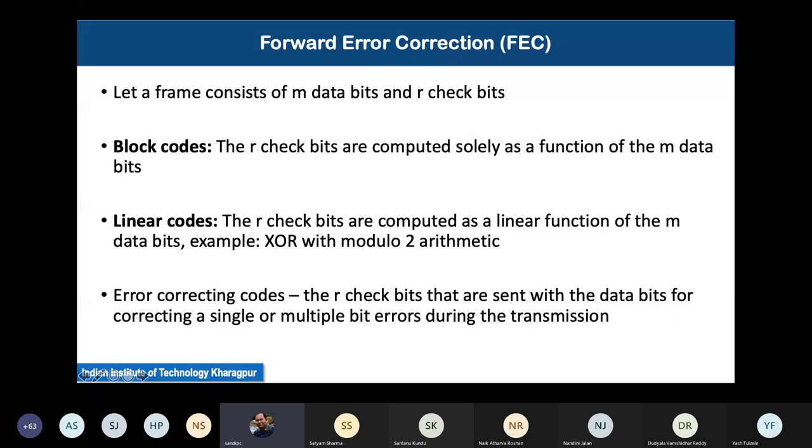In case of the linear code, you apply a linear function, and by applying the linear function, we compute the code. Now, in these error correcting codes, as I have mentioned, the R check bits are sent with the data bits for correcting single or multiple bit errors during the transmission.